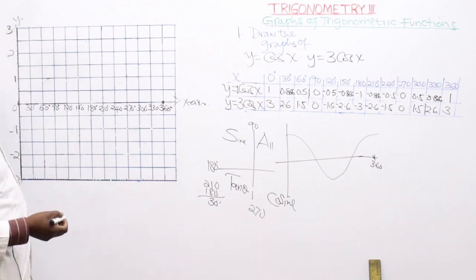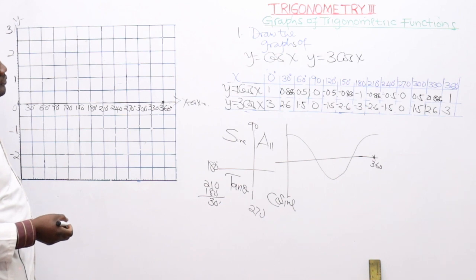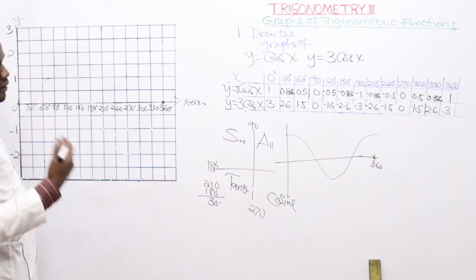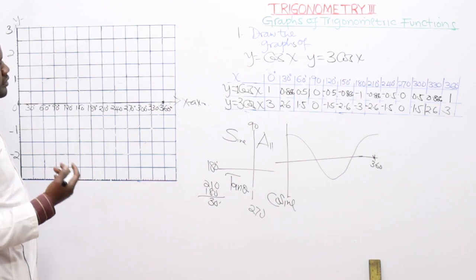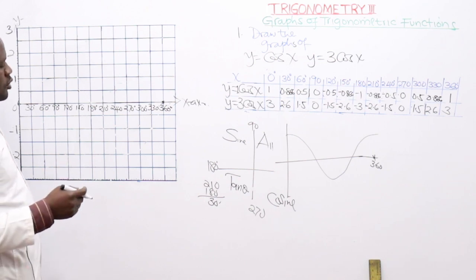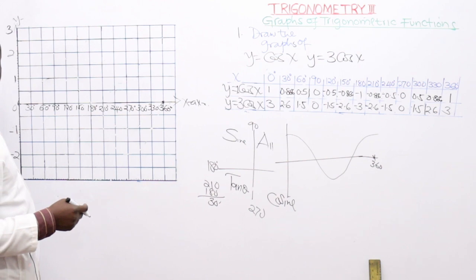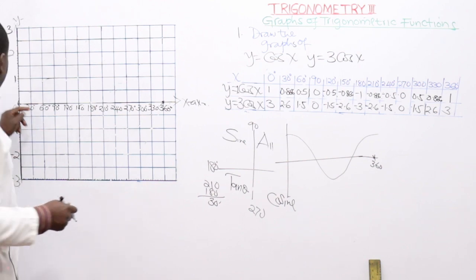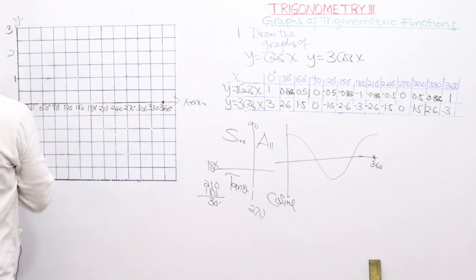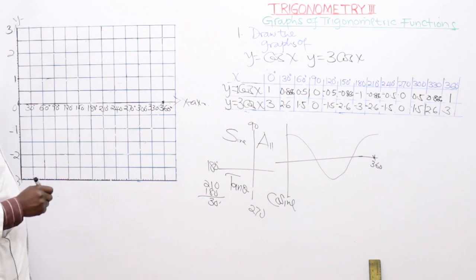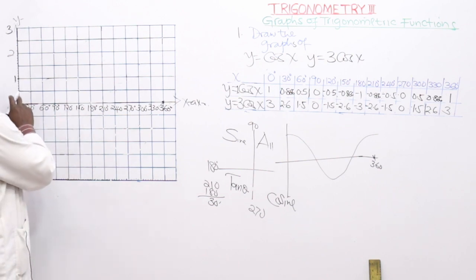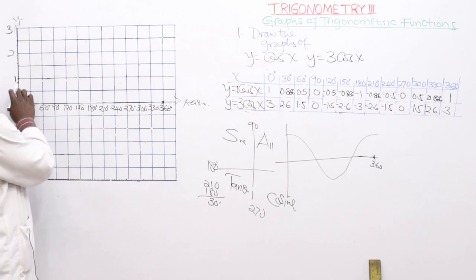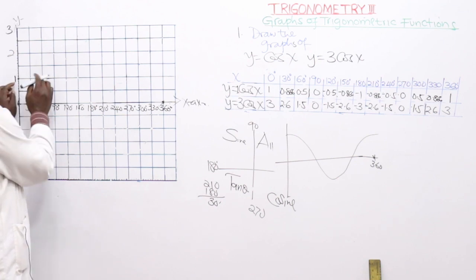So we start with y is equals to cos x. And as I said, the values keep repeating themselves. Between 0 and 120, cos starts from 0. The cosine of 0 is 1. 30 is 0.86, which is 5, 6, 7, 8.